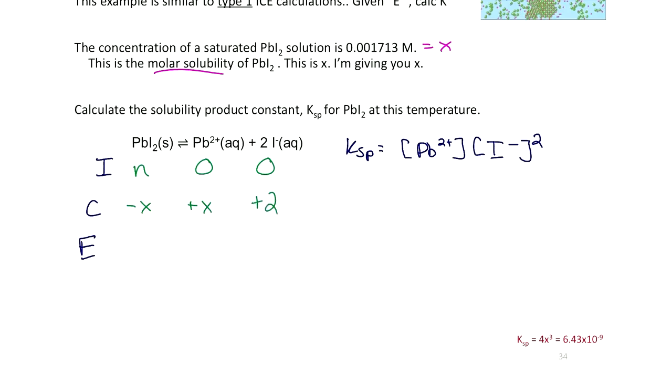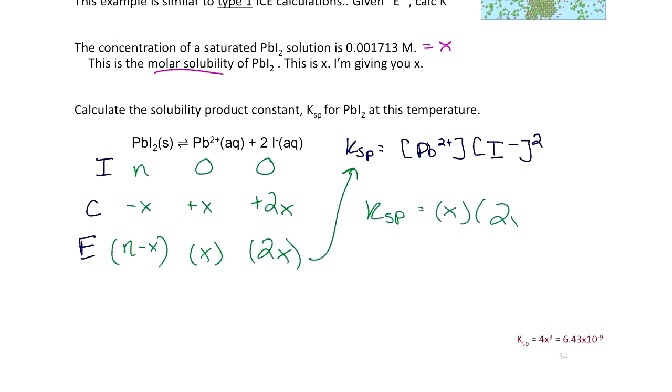So at equilibrium, I have an N minus X of lead iodide, an X amount of lead 2+, and a 2X amount of I minus. Remember, the E line always goes in the KSP expression, so KSP equals X times 2X squared.